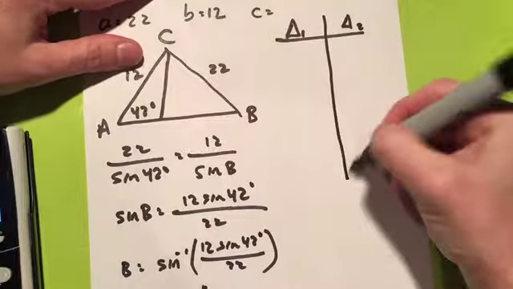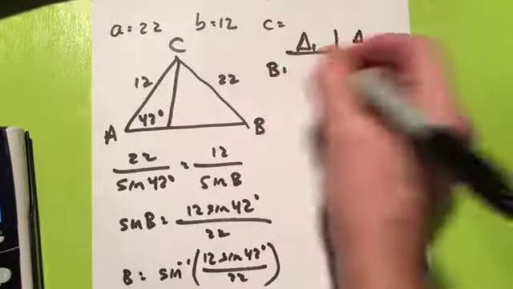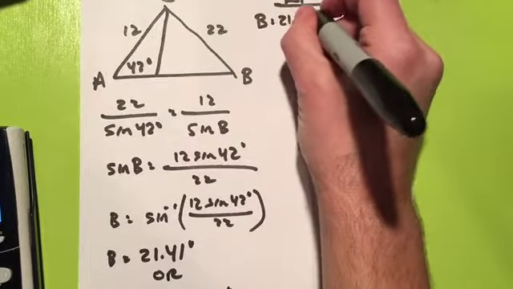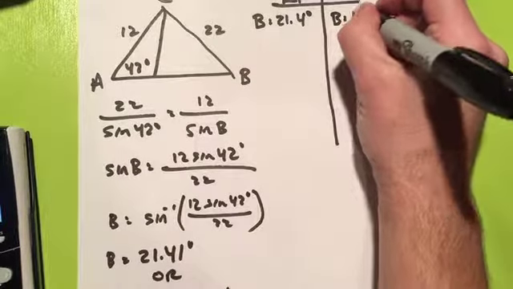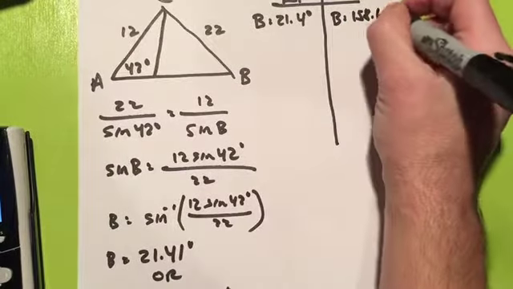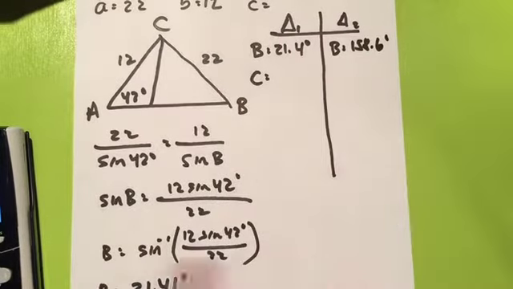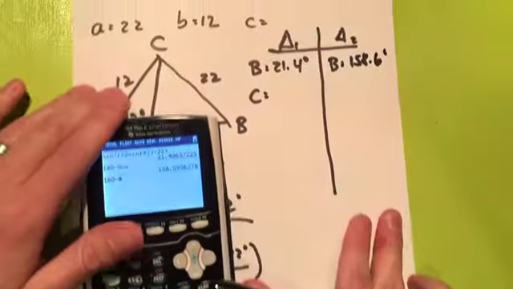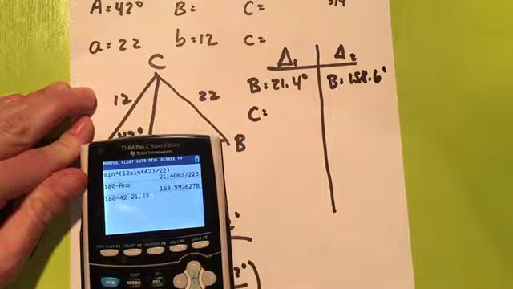Now, A in this case, the given information, that never changes. So we've got B, the first possibility, 21.4 degrees, or triangle 2, B is 158.6 degrees. We'll find angle C, 180 degrees in a triangle. We've got 180 subtract angle A, 42 degrees, subtract angle B, 21.4.